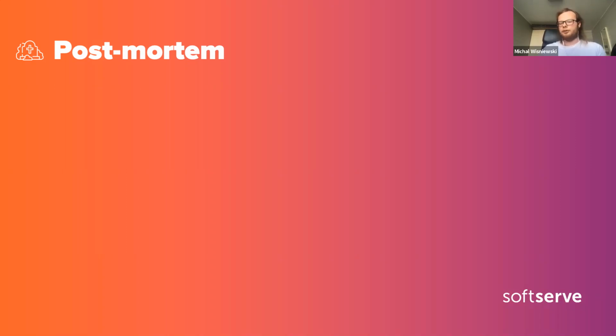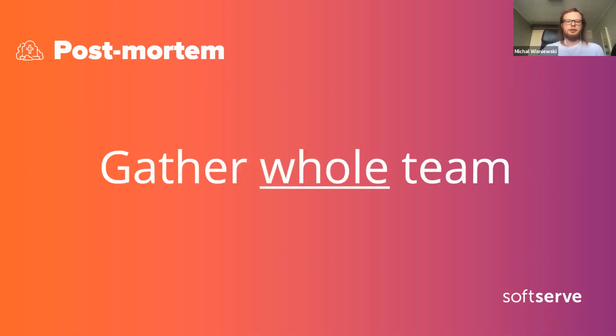So the first rule about creating post-mortems is the whole team should be present at that meeting, because no matter if that's a PM, a DevOps, or a developer, everyone should know that there was an accident, why this happened, and what we should do to prevent that kind of incident in the future.